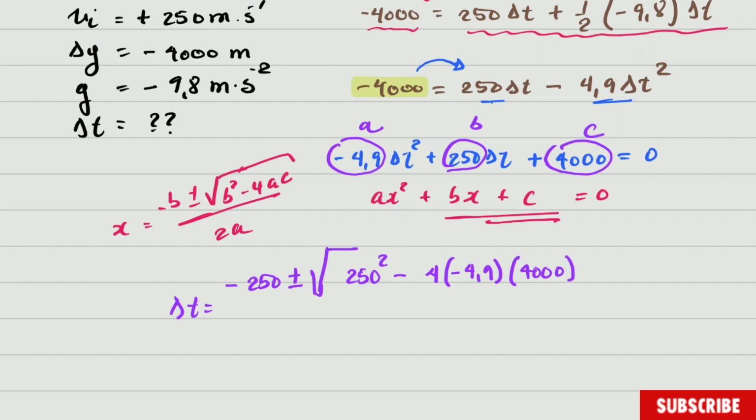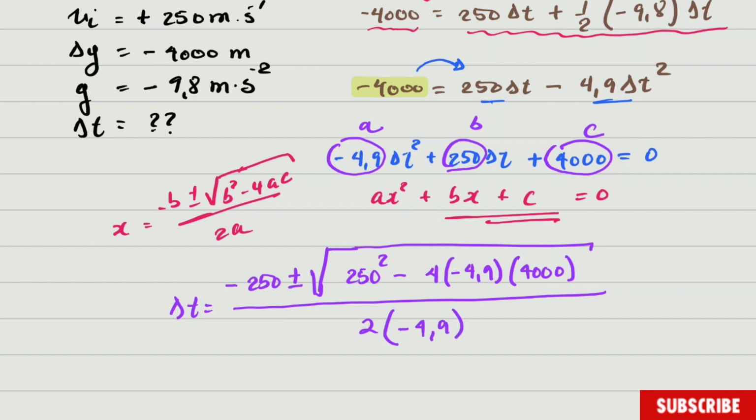If you make a mistake here, then the answers are going to be wrong. Divided by 2 multiplied by a, which is minus 4,9. And guys, you punch everything in the calculator.